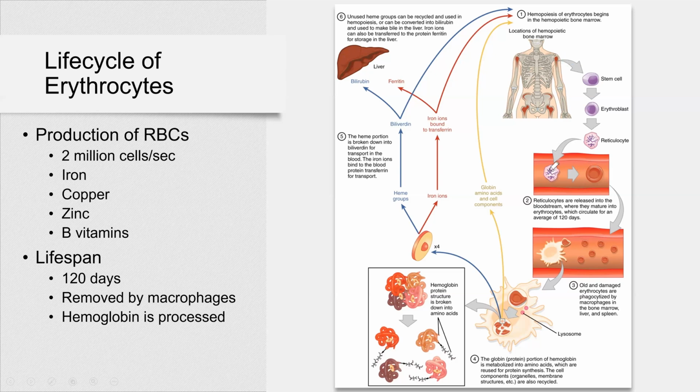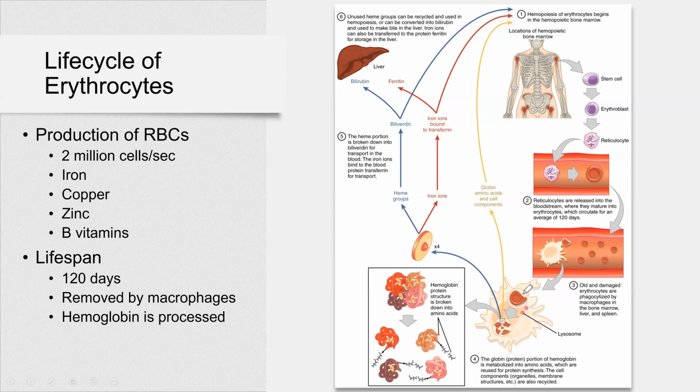They circulate in your blood, carrying on their job. And then when they become old and damaged, your spleen, liver, and bone marrow is where you have macrophages. So this is a macrophage, and it's going to engulf and digest those old erythrocytes. You see lysosomes fuse, and then we break it down.